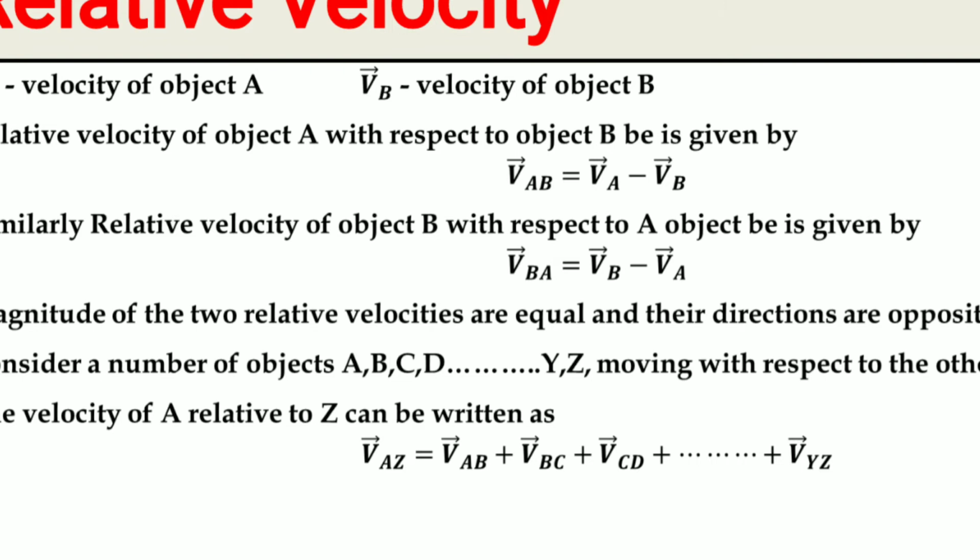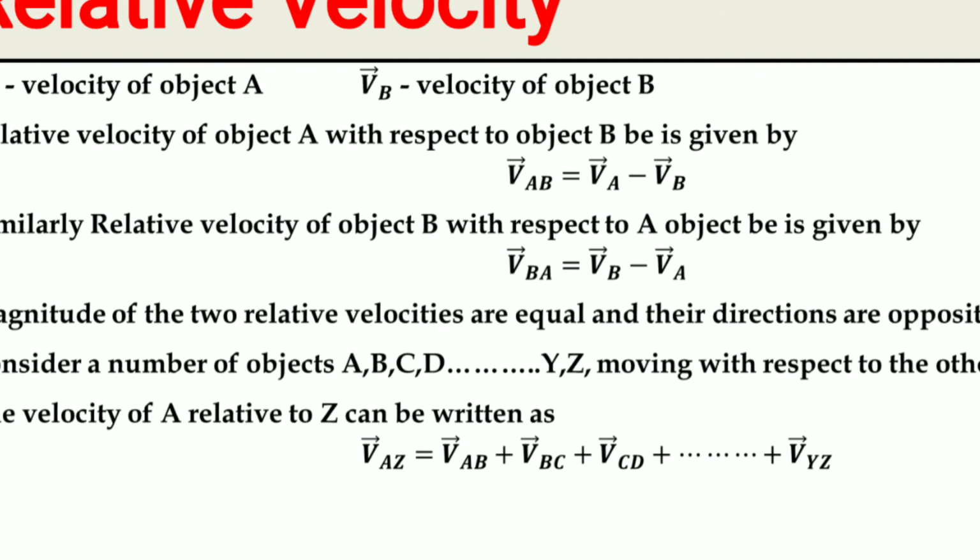The magnitudes of these two relative velocities are equal and their directions are opposite. If two cars are traveling towards each other, the magnitude is the same but the directions are different.